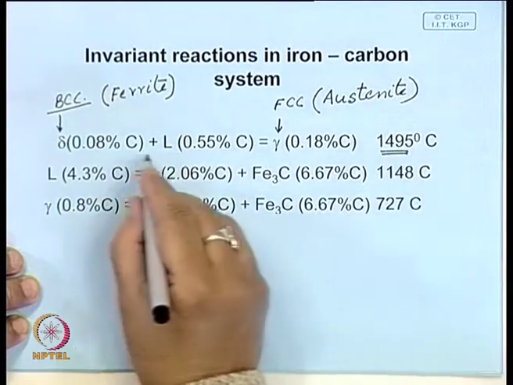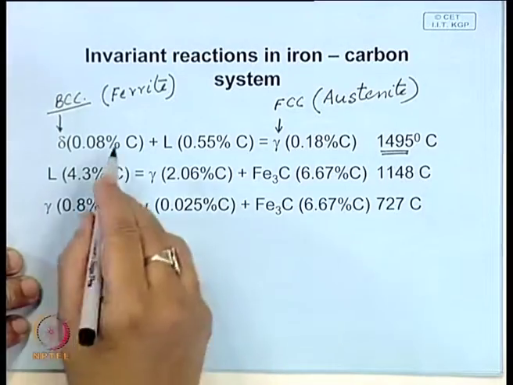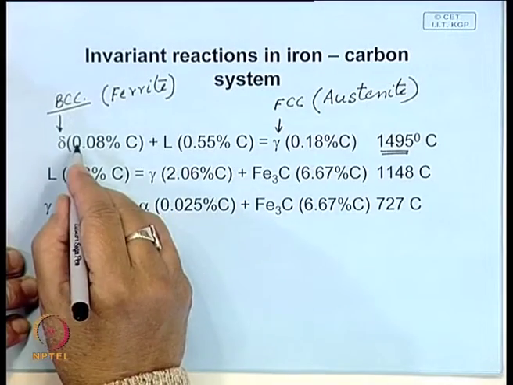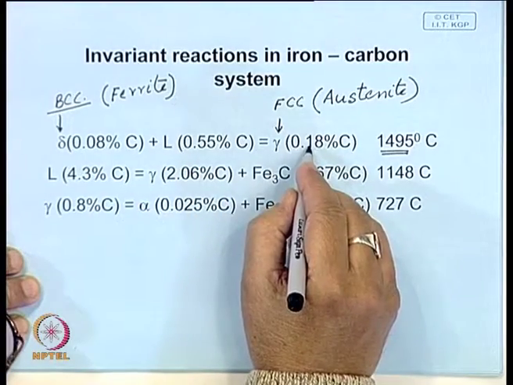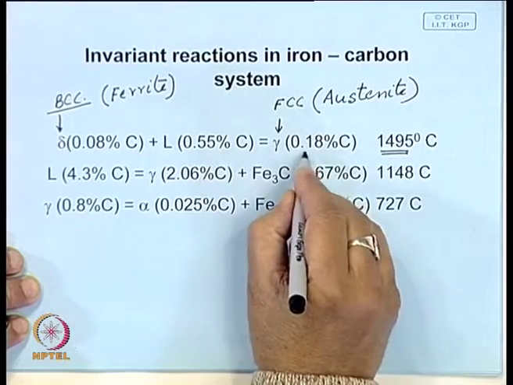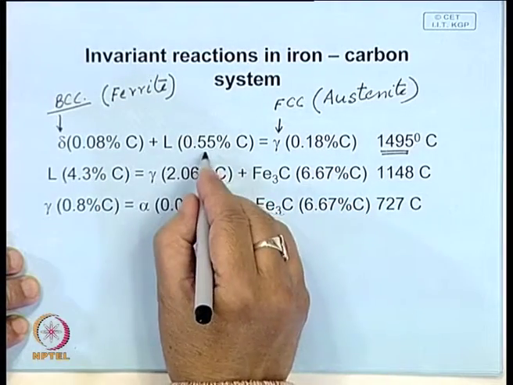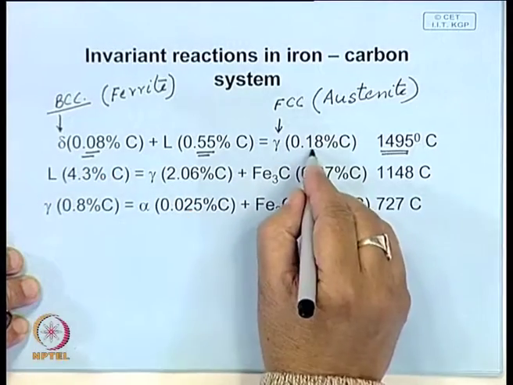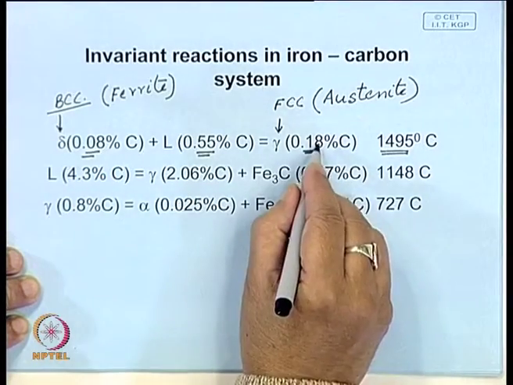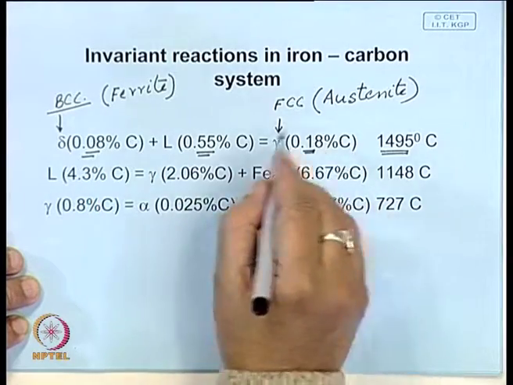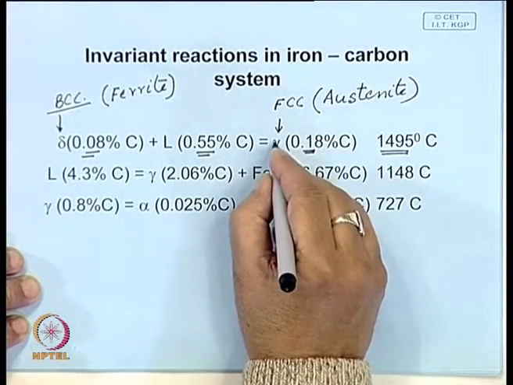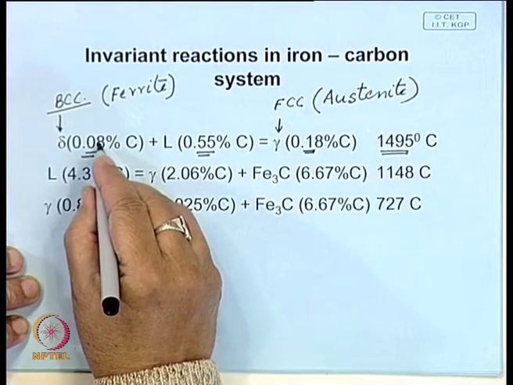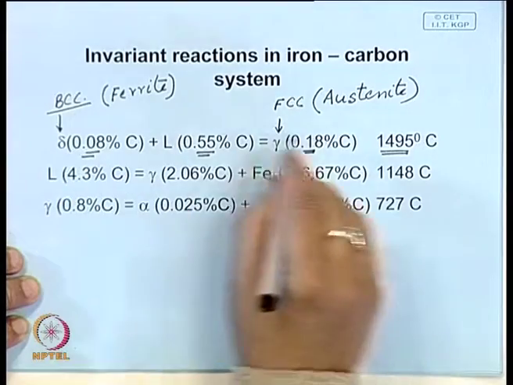1495 degree centigrade, and this reaction, if you recollect your lecture. Here liquid reacts with solid, giving another solid, and mark here that carbon contents are fixed, because this is a 3 phase equilibrium. So, they will have definite composition. Now look at it, here gamma has a much higher carbon content than that of ferrite.